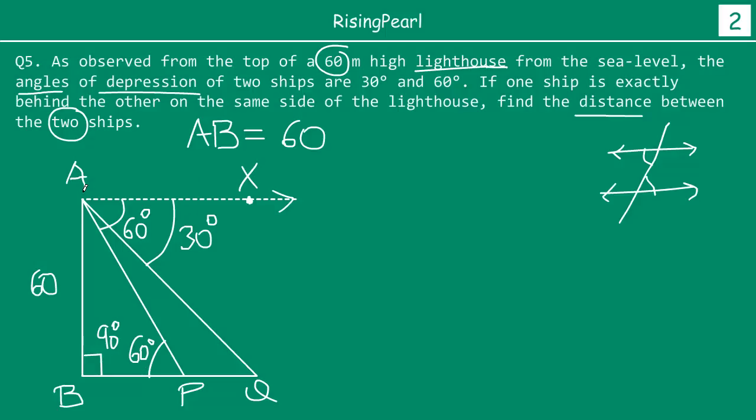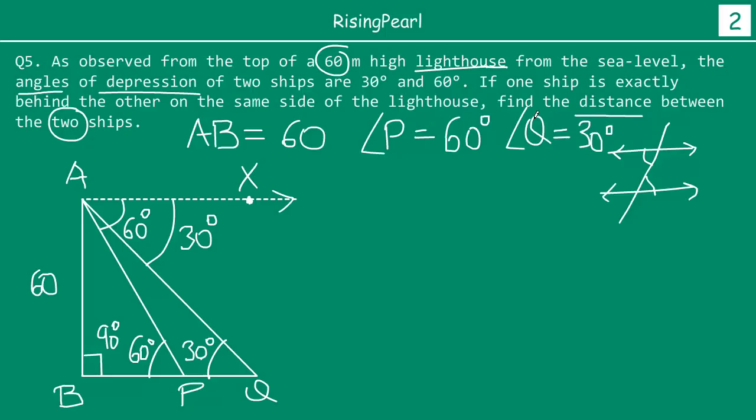Similarly, you can argue that AX and BQ are parallel lines and AQ is a transversal. So this angle must be 30 degrees, equal to this angle. So at this point, friends, we know that AB is 60 and angle P is equal to 60 degrees. Angle Q is equal to 30 degrees.